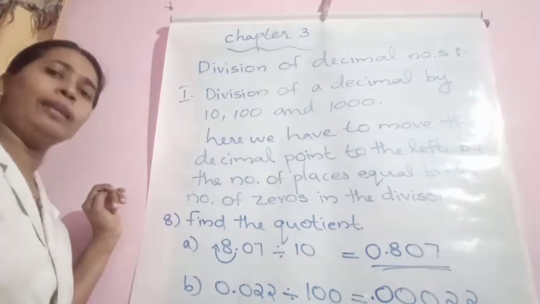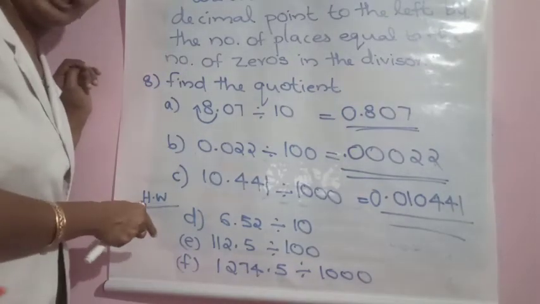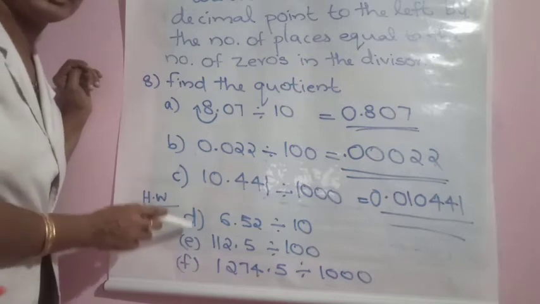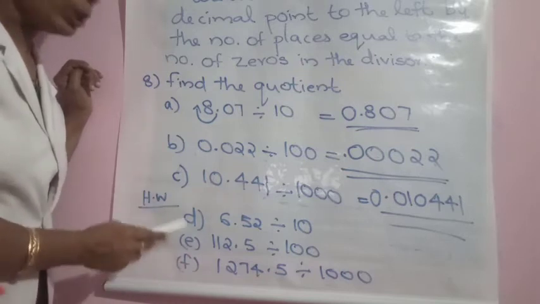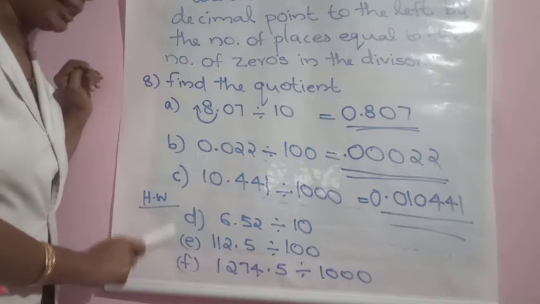Teacher has taken 3 examples from your textbook itself, and teacher has given 3 questions as homework also. So go through the video, then only you will get the 3 questions.